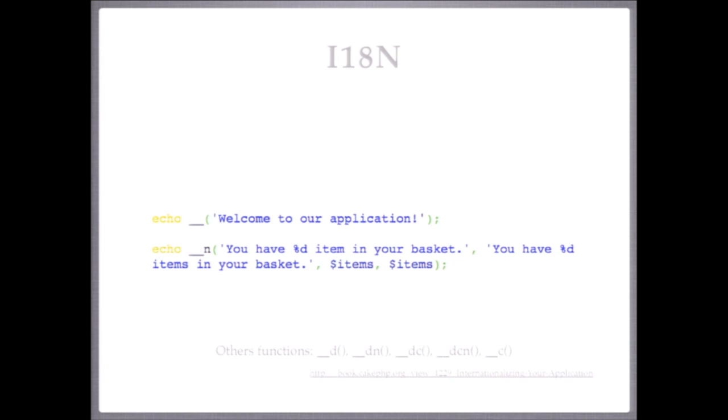And there are other functions like __d for domains, so you can have different files, different contexts for your strings. __dn is like domain, but in plural forms. __dc is for category. We have some categories like monetary, numeric, and time.